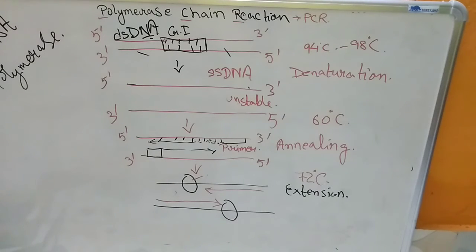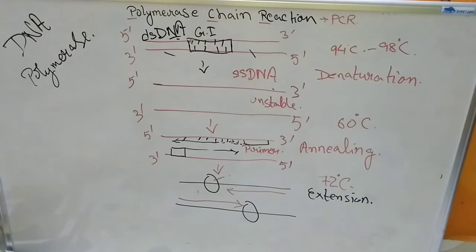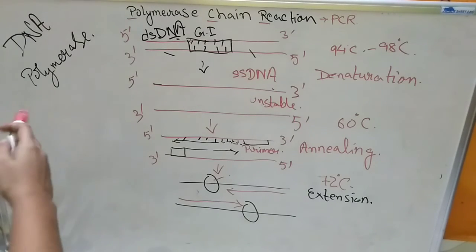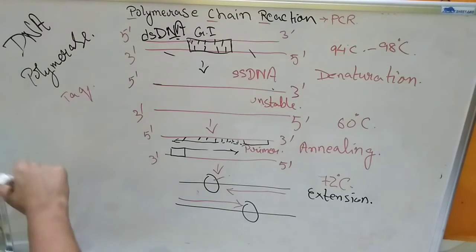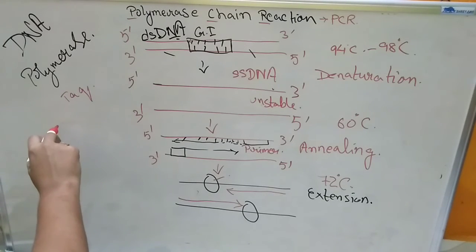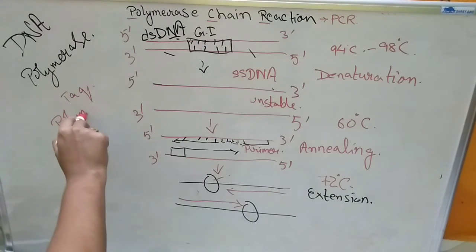So in this high temperature, normal DNA polymerase will not work. So for this reason there will be a special kind of polymerase that will be used in this process. The new DNA polymerase is the Taq polymerase.